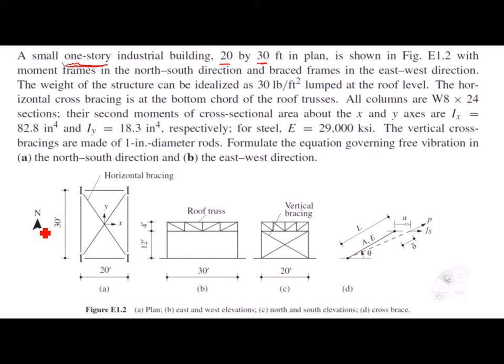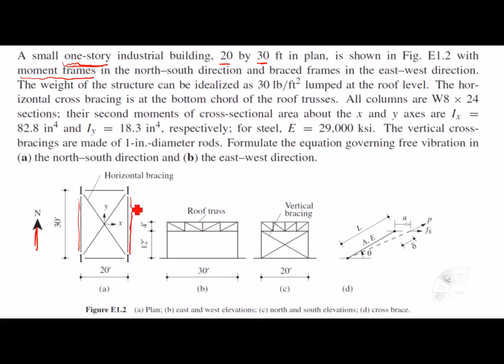So this is the north direction, as we can see. In this direction, as they said, we have moment frames in the north-south direction, which is the vertical direction here. So this is here, here, and here.